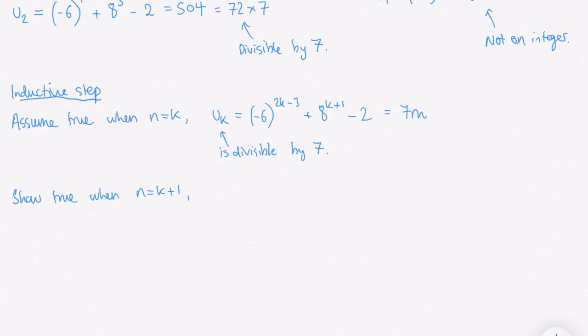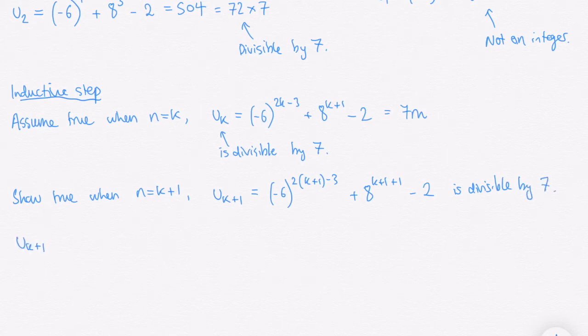I.e. we want to show that u_(k+1), which is equal to negative 6 to the power of 2 lots of k plus 1, subtract 3, plus 8 to the power of k plus 1 plus 1, minus 2, is divisible by 7.